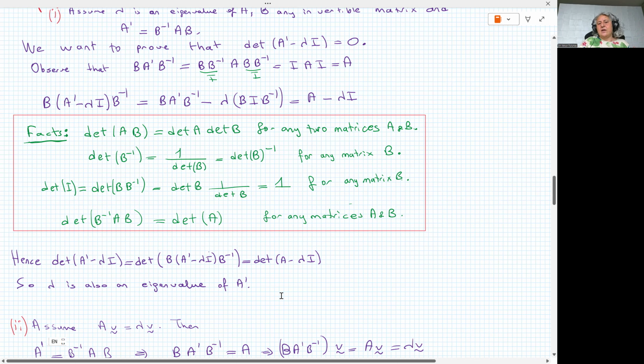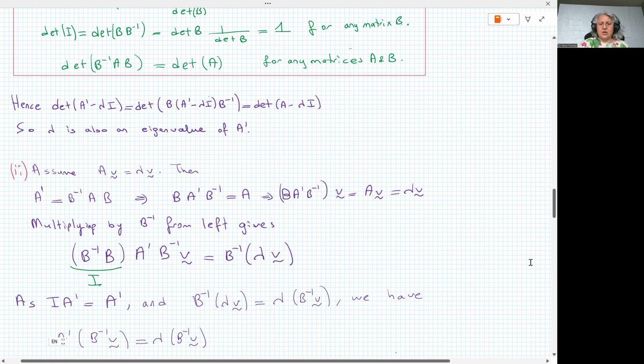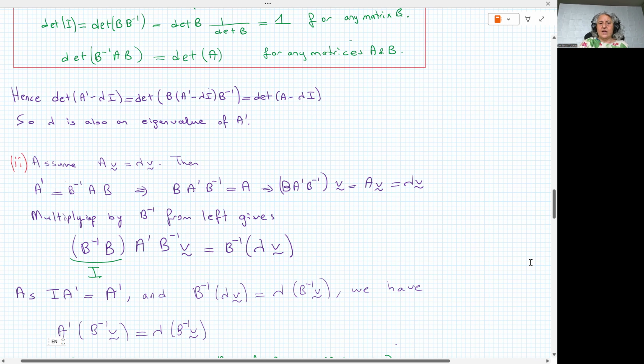And for the second part of this question, we would like to find the eigenvector related to lambda. Assume that lambda is an eigenvalue of A, and V is an eigenvector of A corresponding to eigenvalue lambda. This was the definition of A prime.